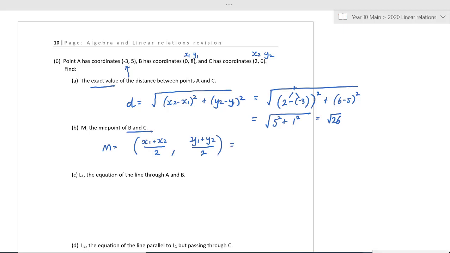We've got 0 and 2 as x1 and x2, so it's 0 plus 2 divided by 2, comma 8 and 6. So 8 plus 6 divided by 2, which of course is 2 divided by 2 is 1, 14 divided by 2 is 7. Look at that. Not so bad, is it? Pretty straightforward enough concept.